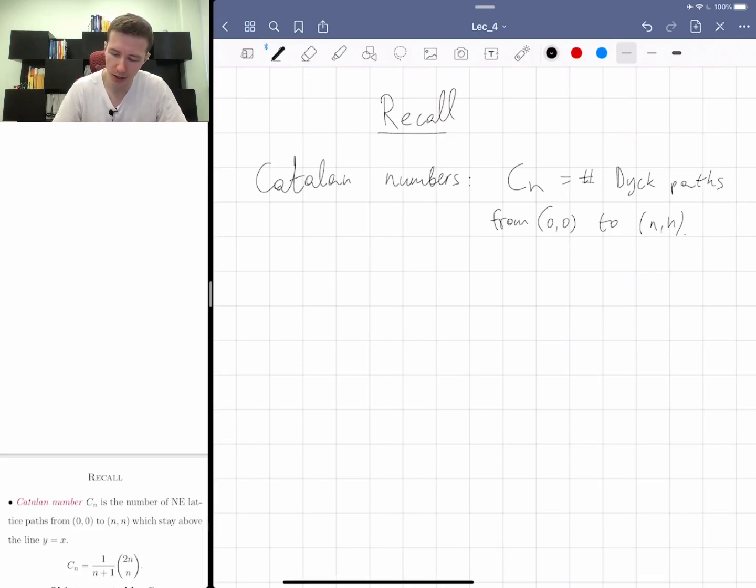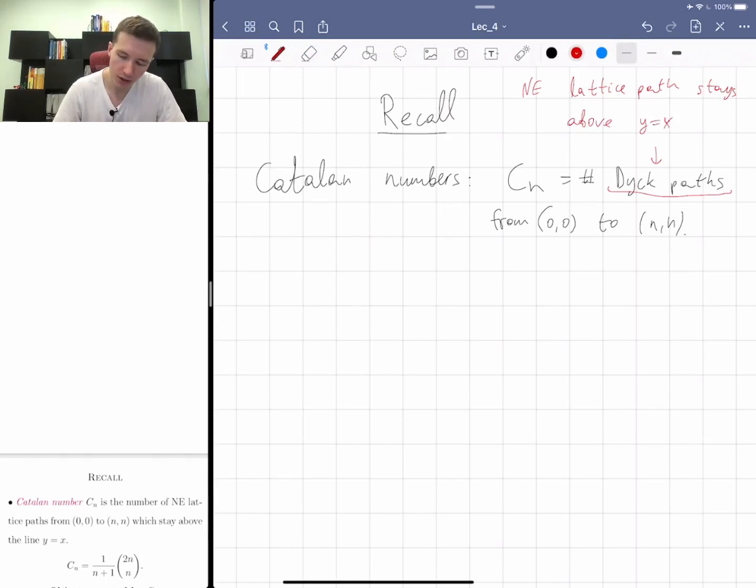So what is a Dyck path? A Dyck path is basically a northeast lattice path which stays above the main diagonal, the line y equals x.